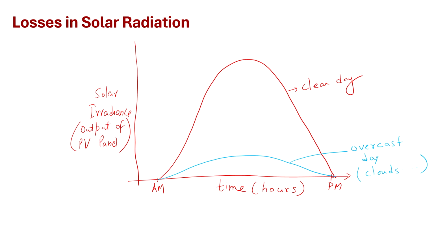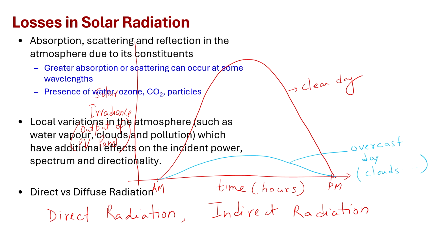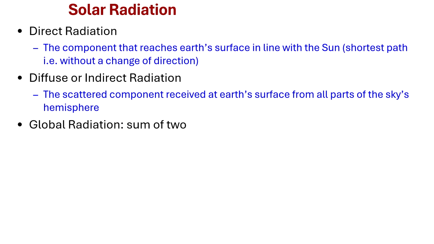So, this also brings us to the concept of how much of the radiation is available directly: direct radiation and also indirect radiation. Basically, I have managed to draw it on top of the text, but nevertheless.